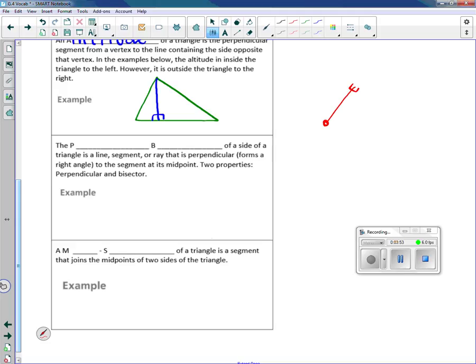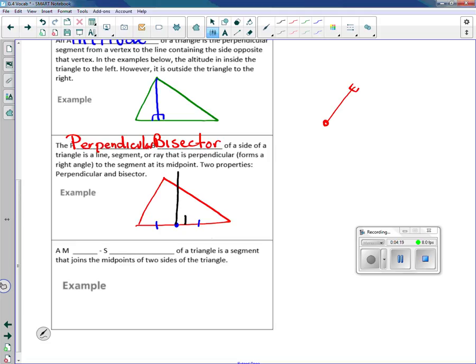How about a perpendicular bisector? I probably should spell out perpendicular, don't you think? All right, there's that. A perpendicular bisector is basically a segment that bisects a segment, so it's going to go through the midpoint and is perpendicular to it.